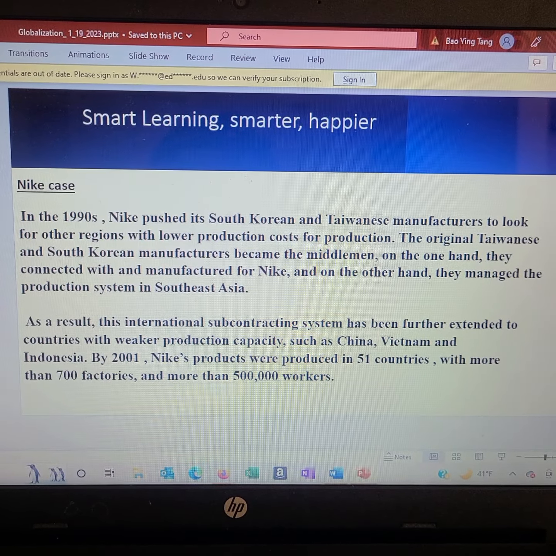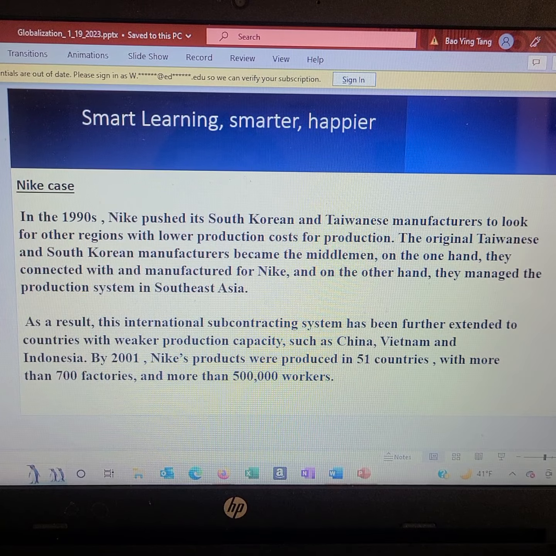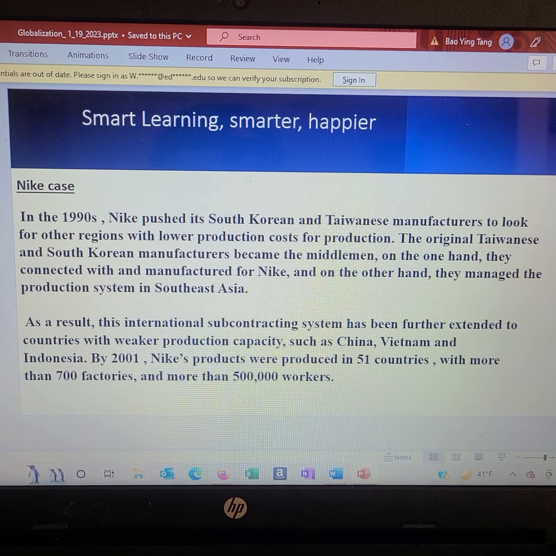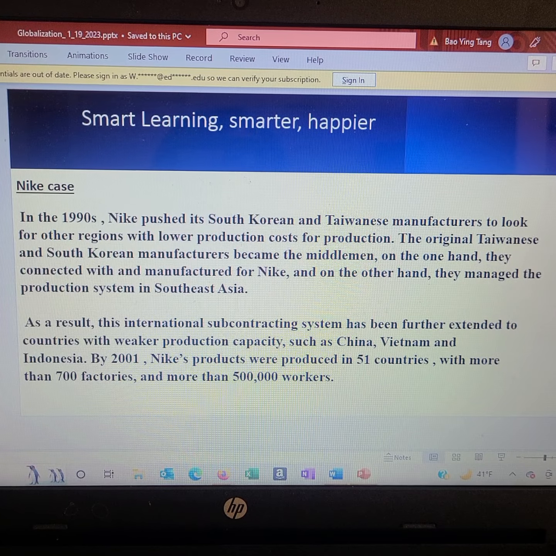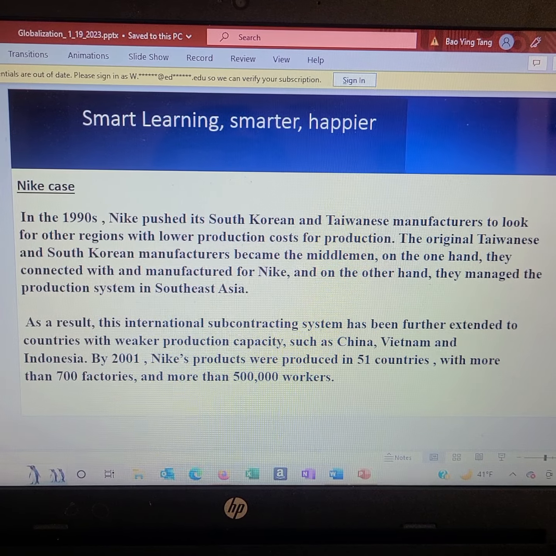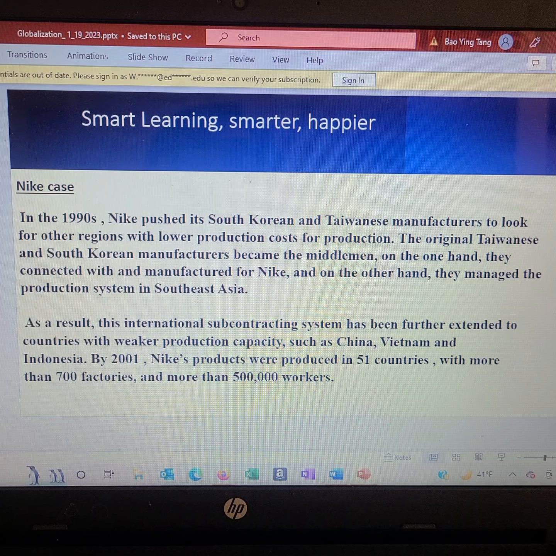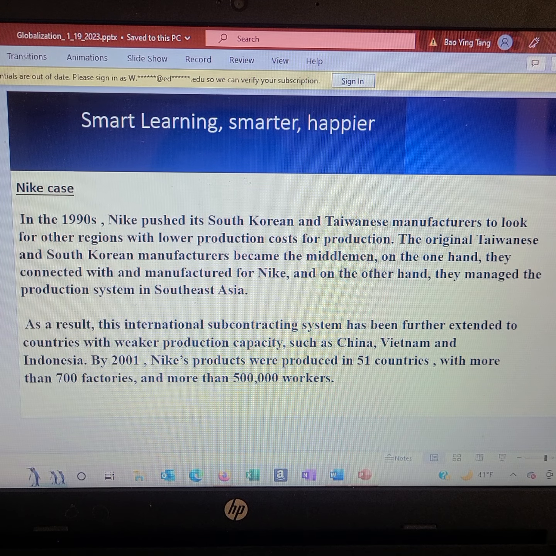In the 1990s, Nike pushed its South Korean and Taiwanese manufacturers to look for other regions with lower production costs for production. The original Taiwanese and South Korean manufacturers became the middleman. On the one hand, they connected with and manufactured for Nike, and on the other hand, they managed their production system in Southeast Asia.